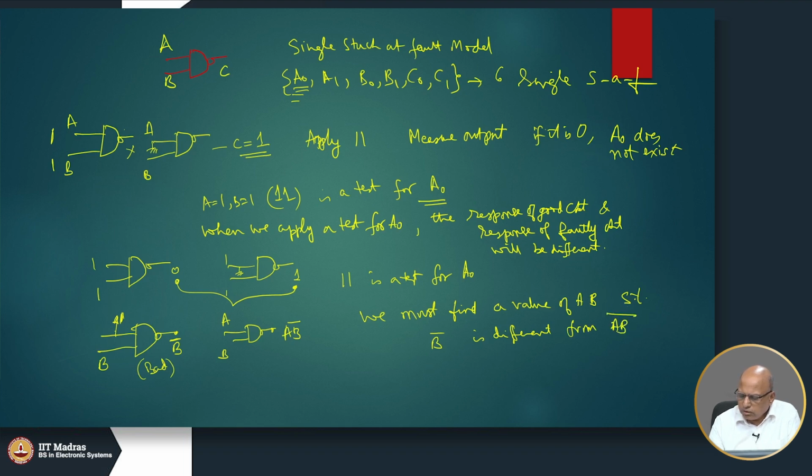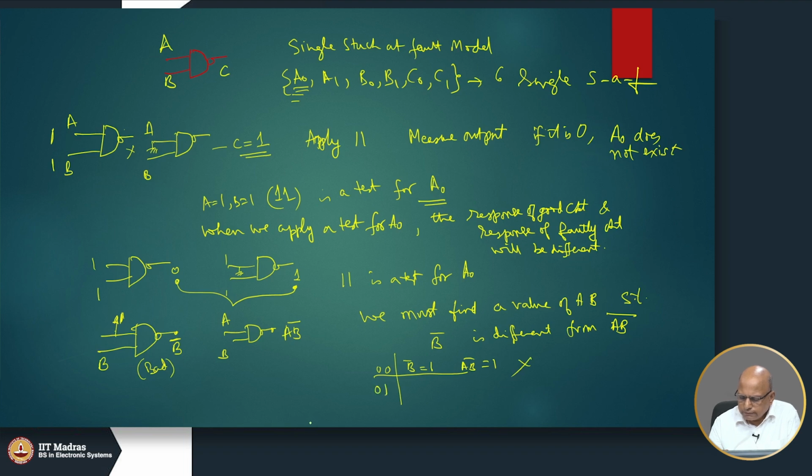So, what will cause that to happen? Try A equal to 0, B equal to 0, then B bar will be 1 and AB bar will also be 1. So, this will not work.